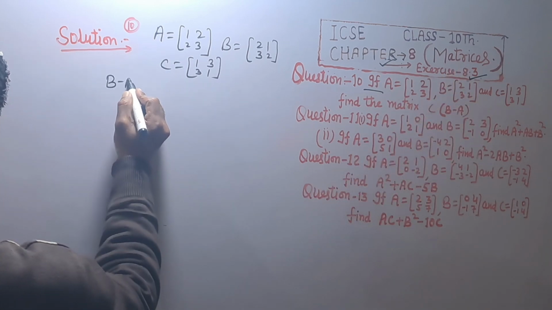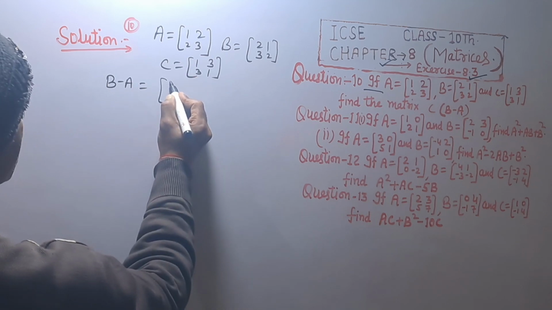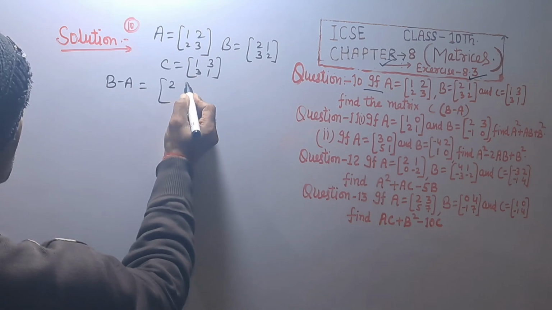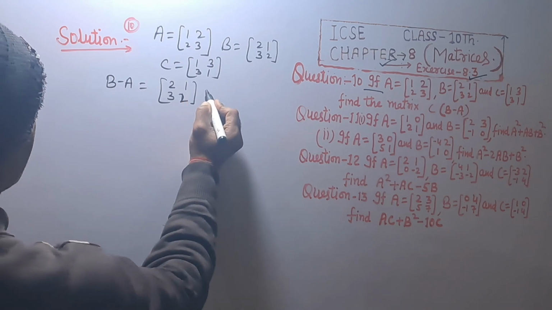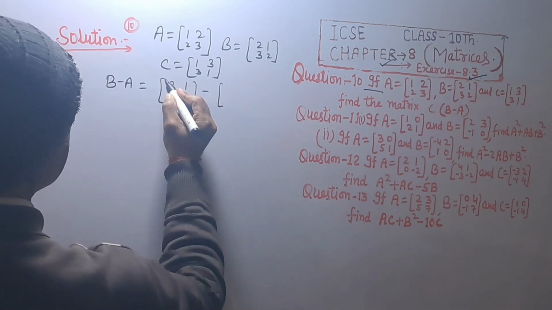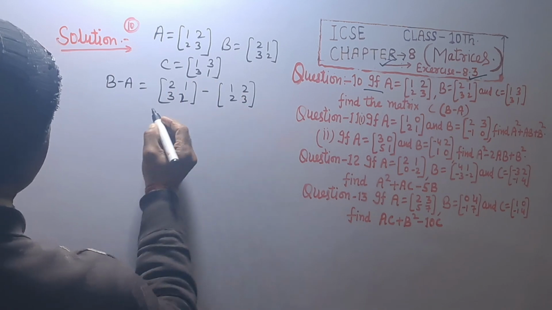First, B minus A equal to B, which is [2, 1; 3, 2], minus A, which is [1, 2; 2, 3].